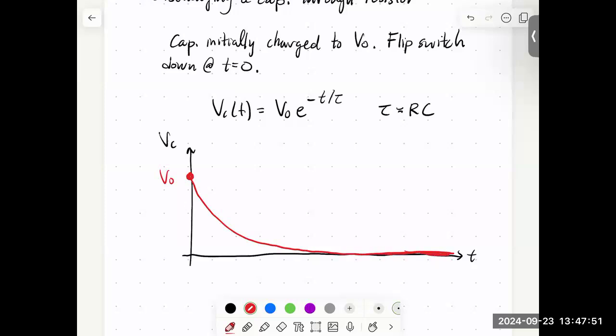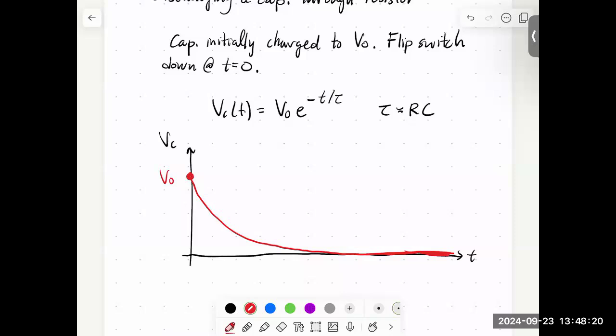In the lab, we're not going to use a mechanical switch that you actually flip up and down. We're going to use the TTL output of the function generator, which outputs a 0 to 5 volt square wave. When the output of that square wave is high, it's like the battery's in the circuit, the switch is flipped up, and our capacitor charges.